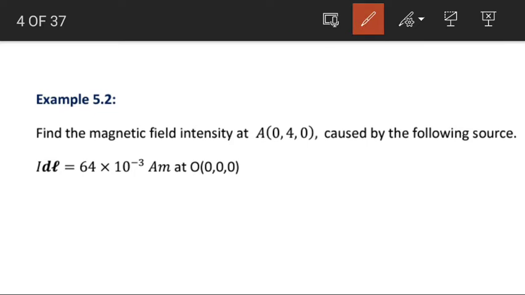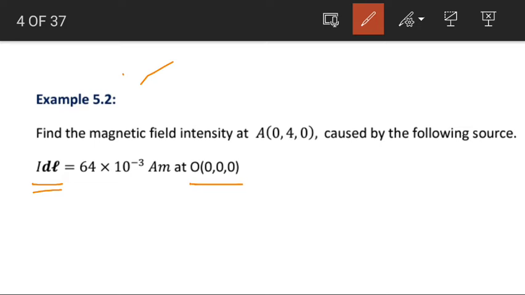Example number 5.2. Find the magnetic field intensity at 0, 4, 0 caused by the following source. The product of the current and the small length of the conductor is given, which is 64 into 10 raised to power minus 3 ampere meter, and this small current carrying element is located at the origin.